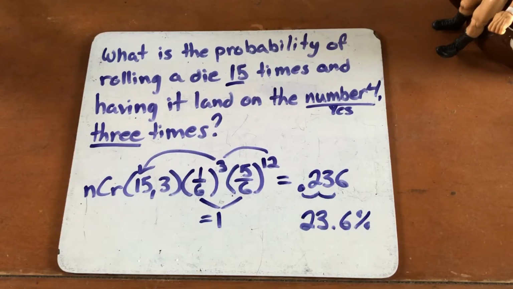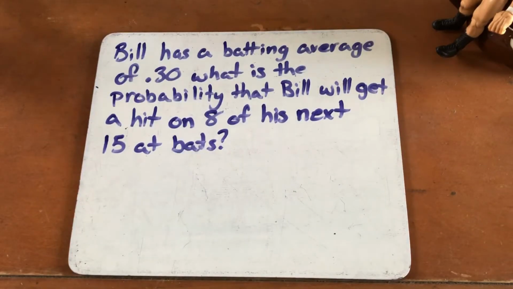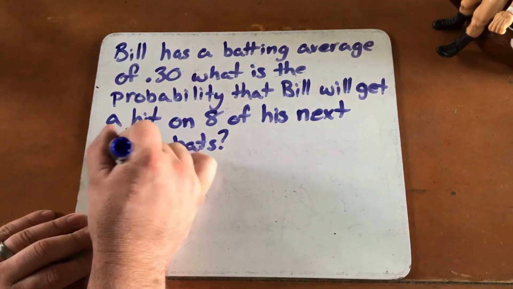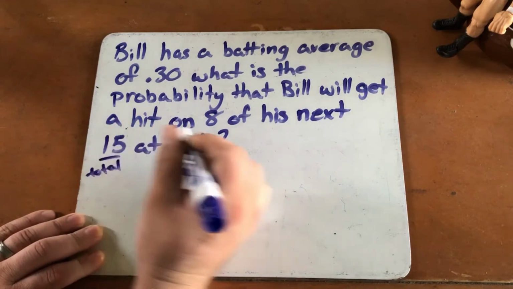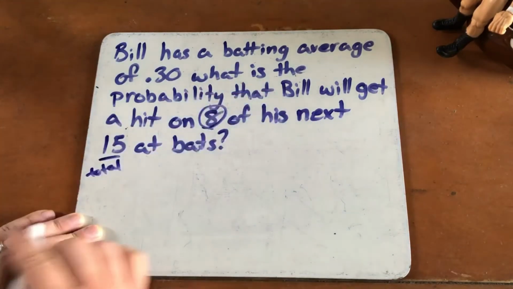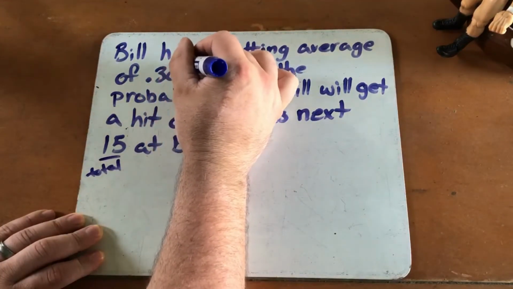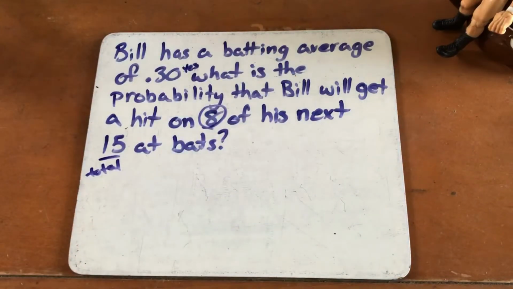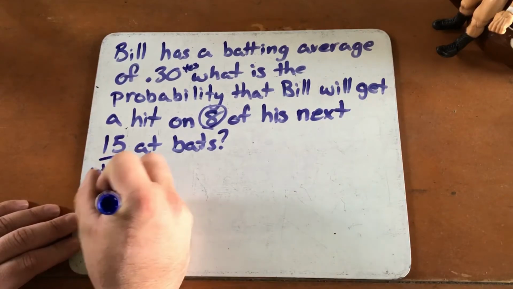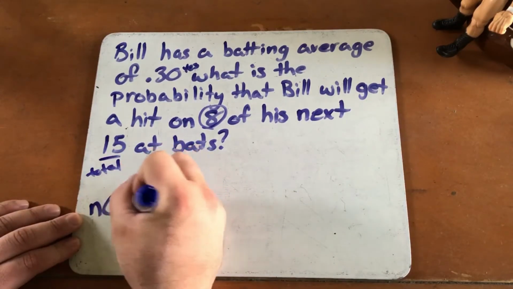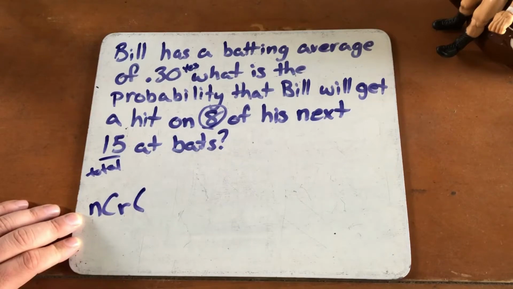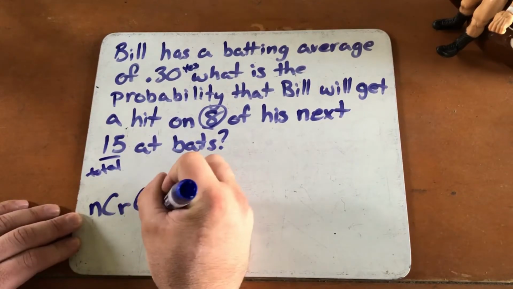My next example, let's say Bill has a batting average of .30. What is the probability that Bill will get a hit on 8 of his next 15 at-bats? Here's my total number of events. This is how many events I'm looking for, and this is my probability of success, or my probability of yes. So we start off finding how many different groups there are of 8 out of 15. So this is nCr 15, 8.